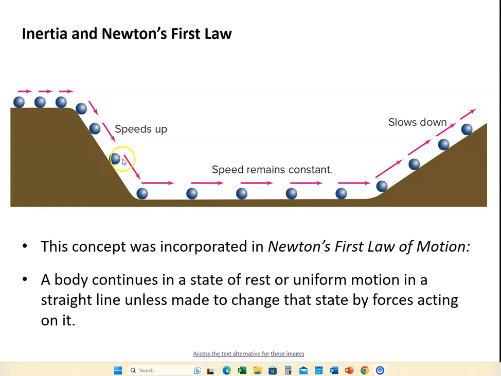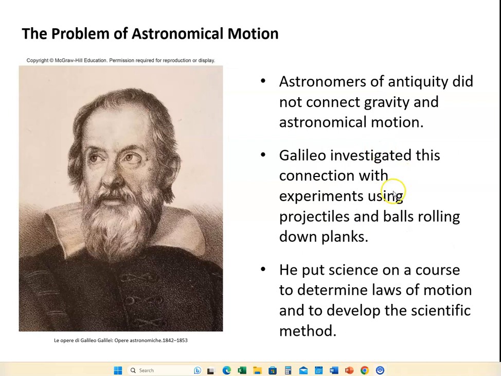You want to imagine that it's a force of attraction, and so there's gravity on the ball right over here, but you have this object in between the ball and the earth, and so it can't go down. It doesn't go down until it falls over the edge here, and once it does, it begins to accelerate. And then of course when it's going up the incline, gravity is slowing it down. All right, so we'll go back to Galileo.